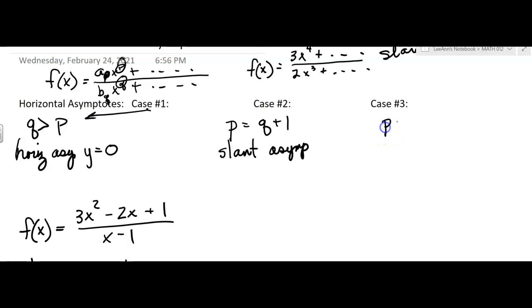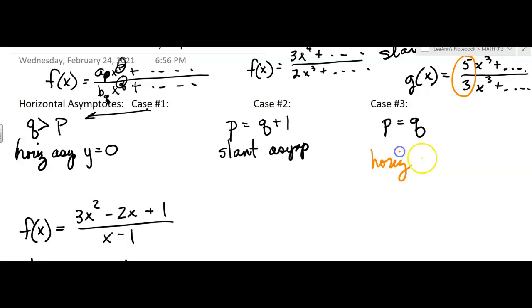So P equals Q. So maybe you have something like g of x equals 5x cubed plus a bunch of stuff over 3x cubed plus some other terms. When the degrees are the same in the numerator and the denominator, you take the leading coefficients, and that's going to make your horizontal asymptote. So the horizontal asymptote here is y equals 5 over 3.